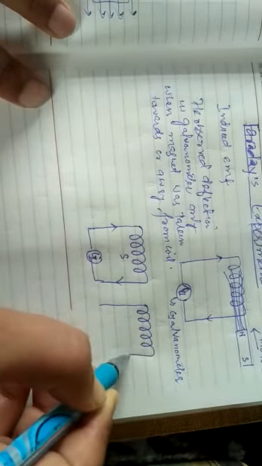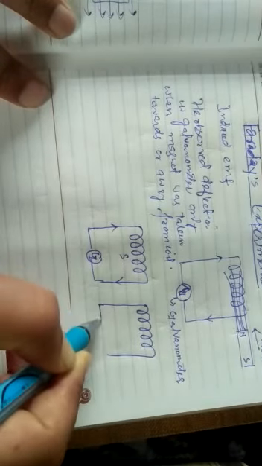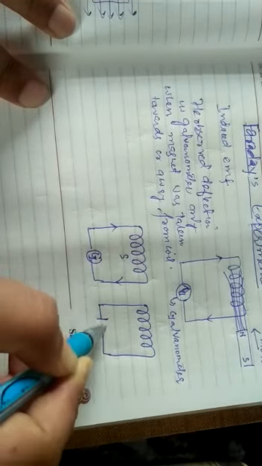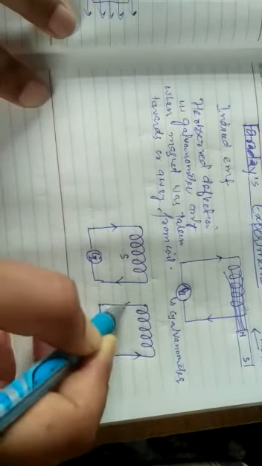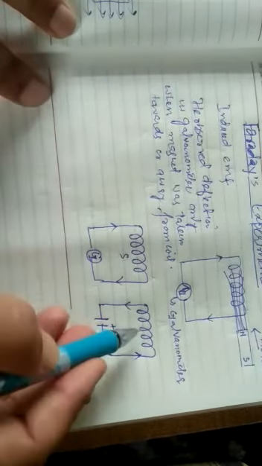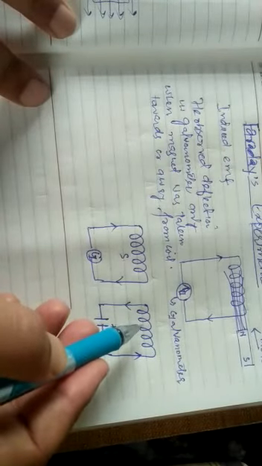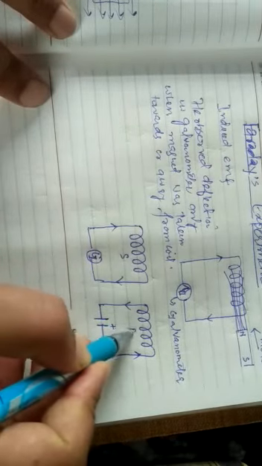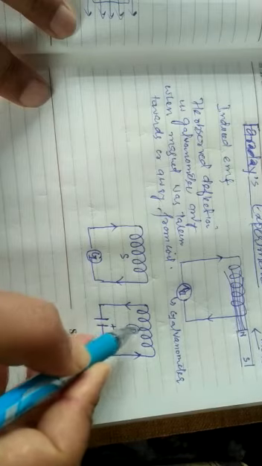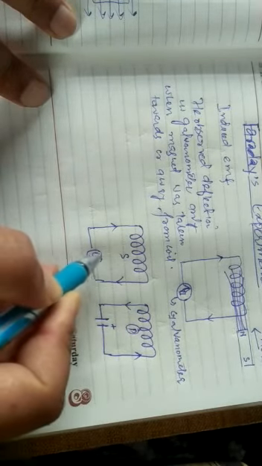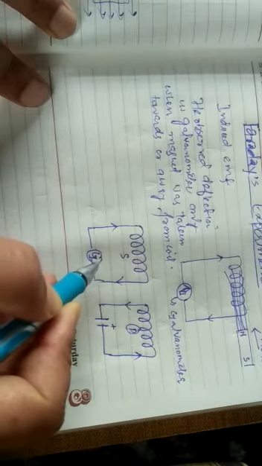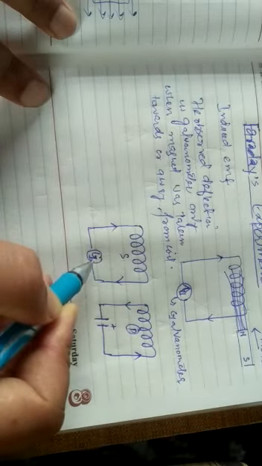And this coil was connected to a varying current. Once current was varied here, there was production of induced effects. The primary coil is that coil which is connected to a battery or cell, and the secondary coil is connected to the galvanometer.